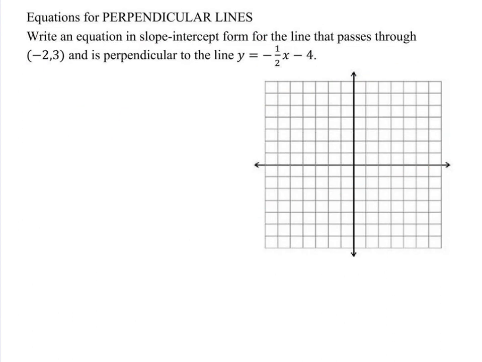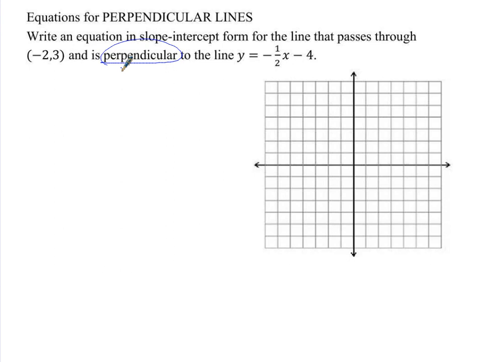So that was parallel. Now we'll do perpendicular. Same set of directions. Write an equation in slope-intercept form for the line that passes through (-2, 3) and is, this time, perpendicular. So when you're reading these problems, you want to see parallel or perpendicular. And as soon as you see parallel or perpendicular, slope has to pop into your mind.